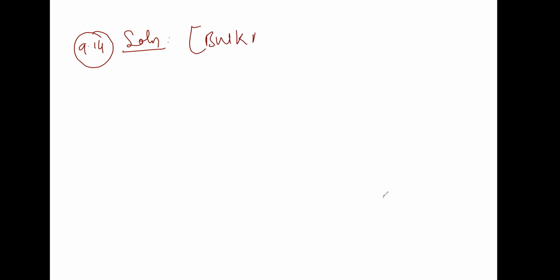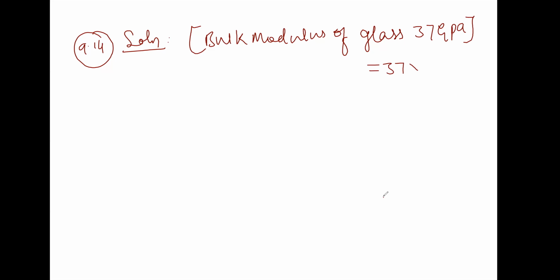Bulk modulus of glass is always constant. Every material has a certain modulus value that is constant for the given material. So here for glass it is 37 gigapascal. 37 giga means 10 to the power of 9 and pascal is written as it is.